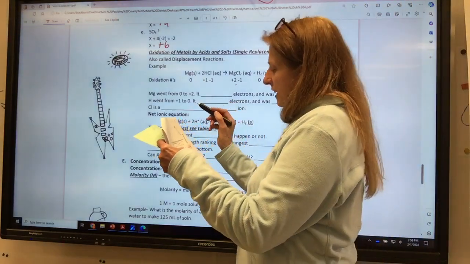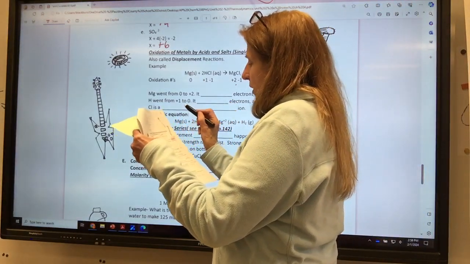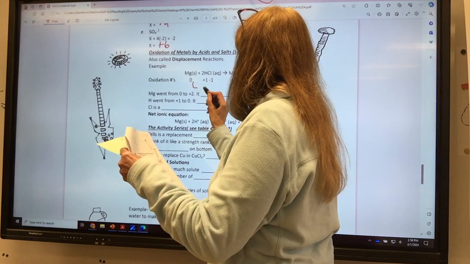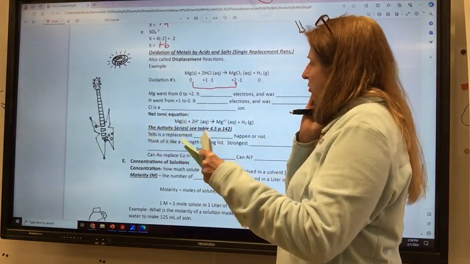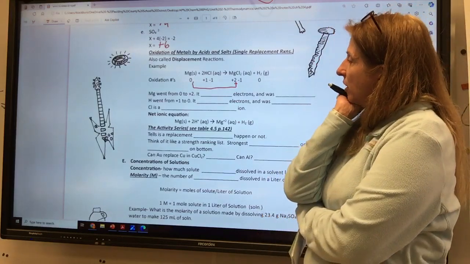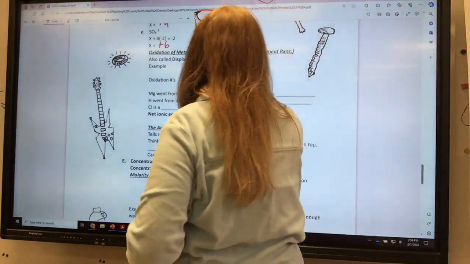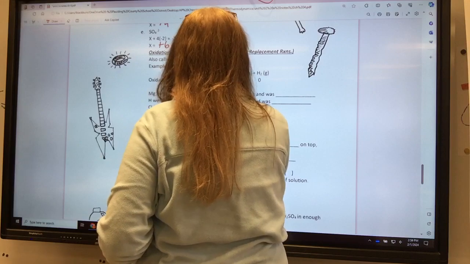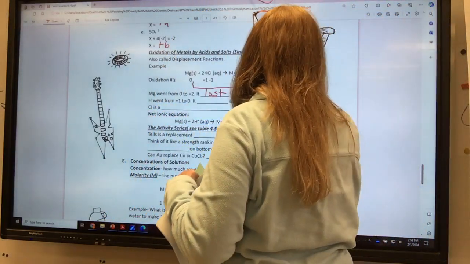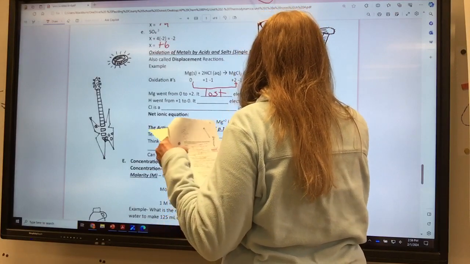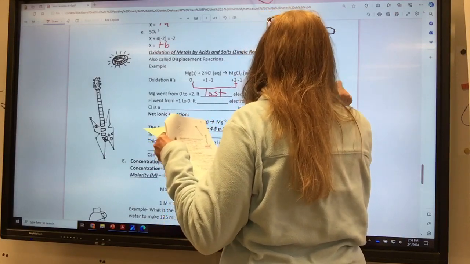So my magnesium is going from 0 to +2. So did it gain or lose electrons? It lost. So was it oxidized or reduced? So smart. Y'all are doing great with this.